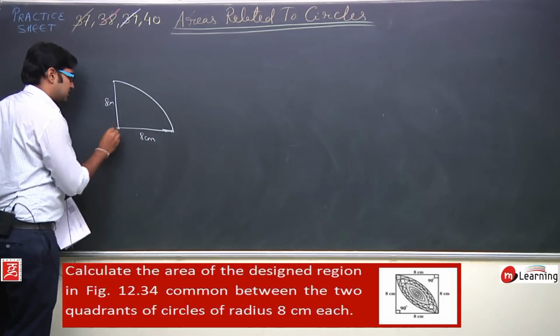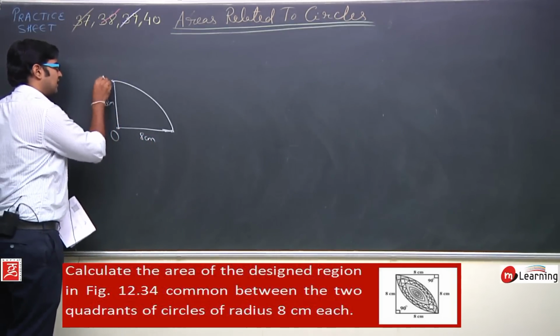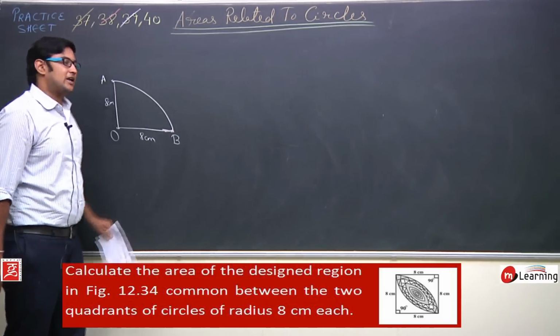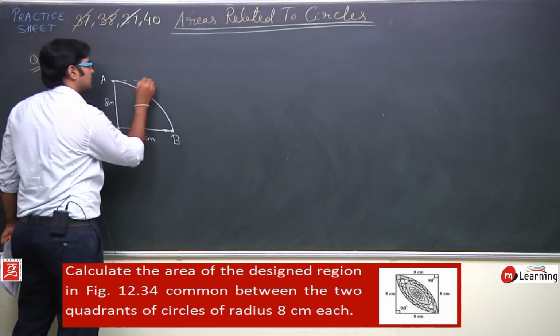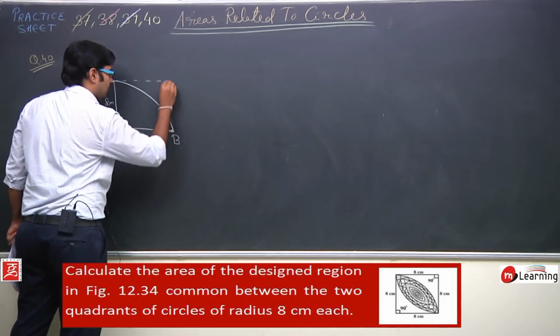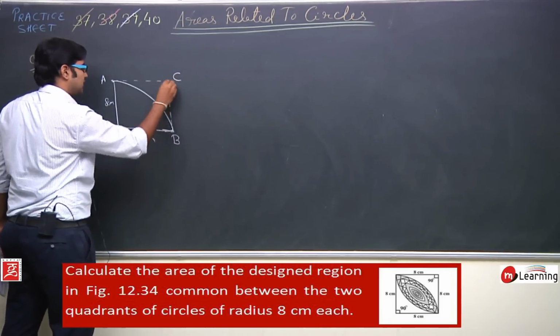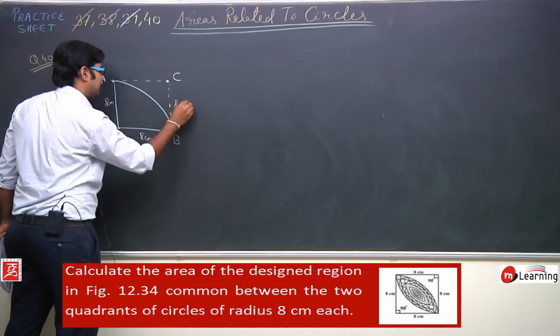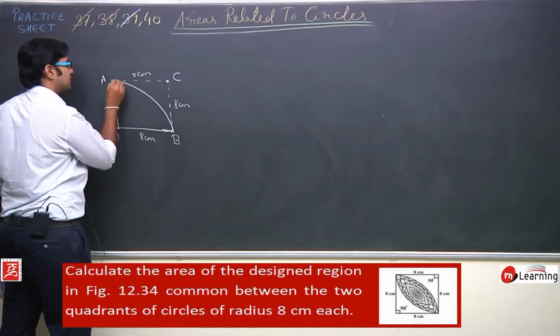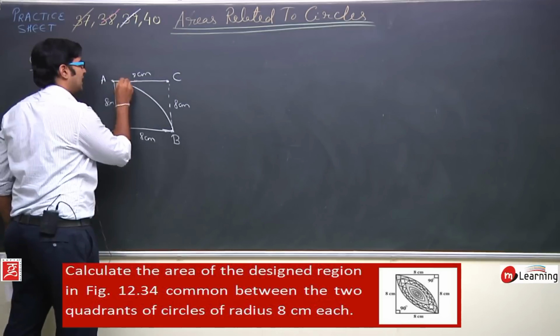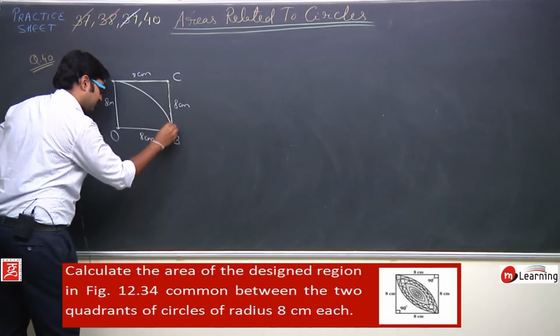Let us say this is O, this is A, and this is B. Then on this I have made one more quadrant like this. Let us say this is point C, where BC is also 8 centimeters, AC is also 8 centimeters, and I have joined the second quadrant like this.